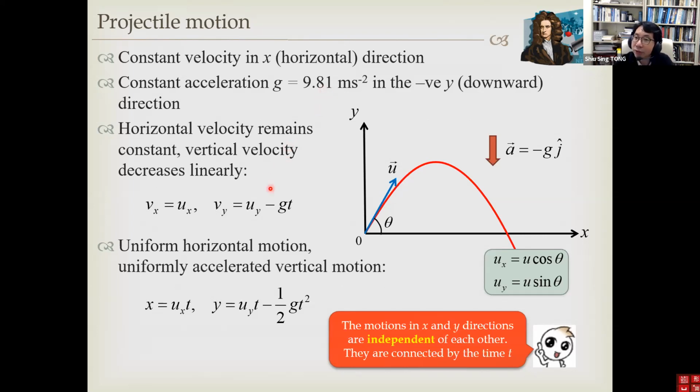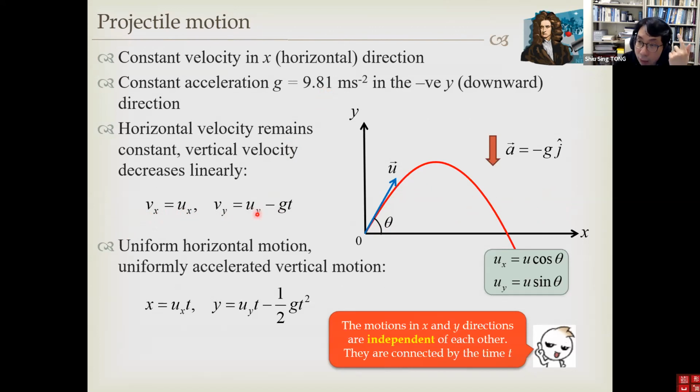I think you know the answer for this problem from high school. The x component of the velocity is unchanged because it is not affected by any force along the horizontal direction. So the velocity at a later time, vx, is the same as the initial velocity. But the y component, the vertical velocity vy, changes.